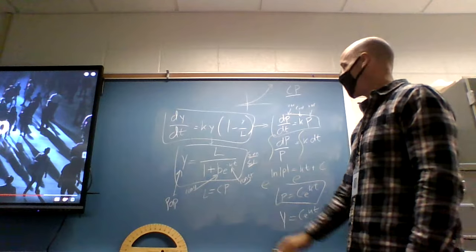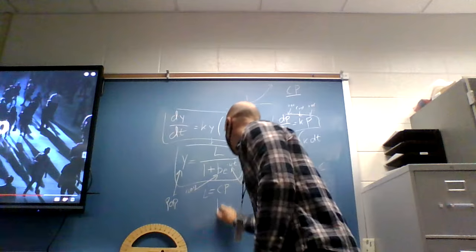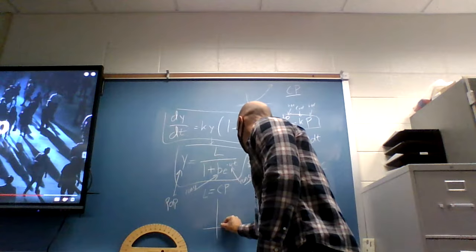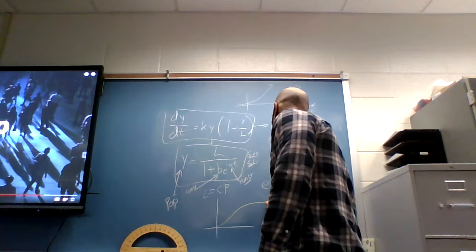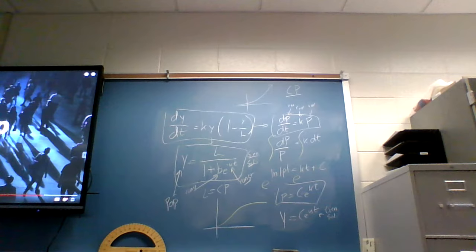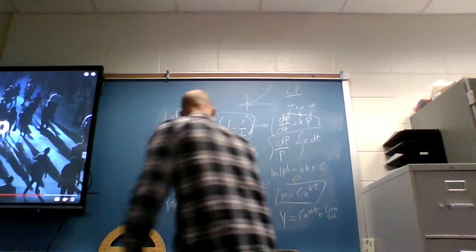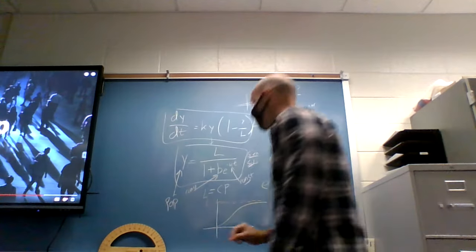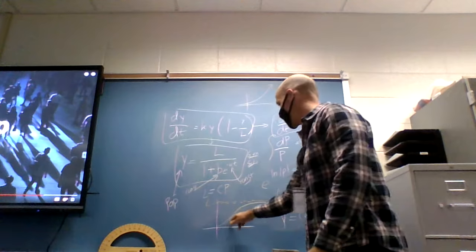Now, when you graph this curve, usually you start below, it goes up, and then it levels off. And what are we going to call that amount where it levels off? Carrying capacity. Here's our carrying capacity L. This is the nature of the curve.